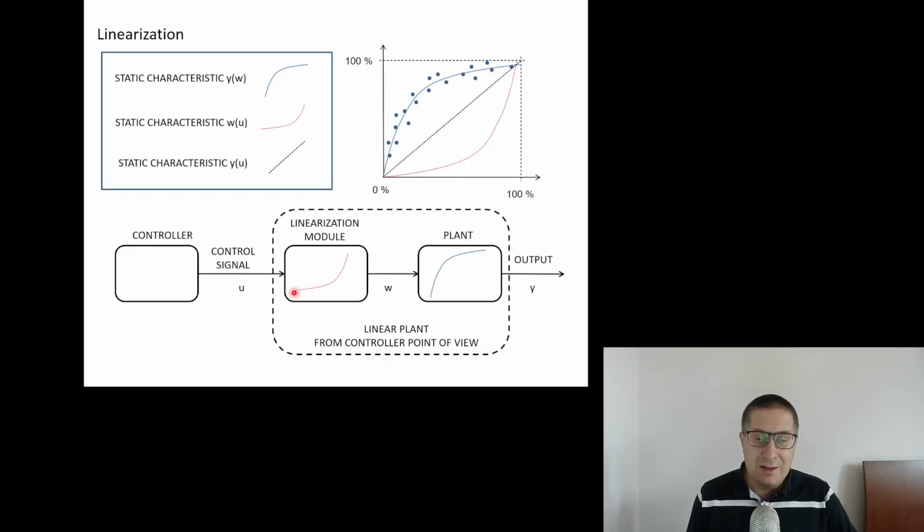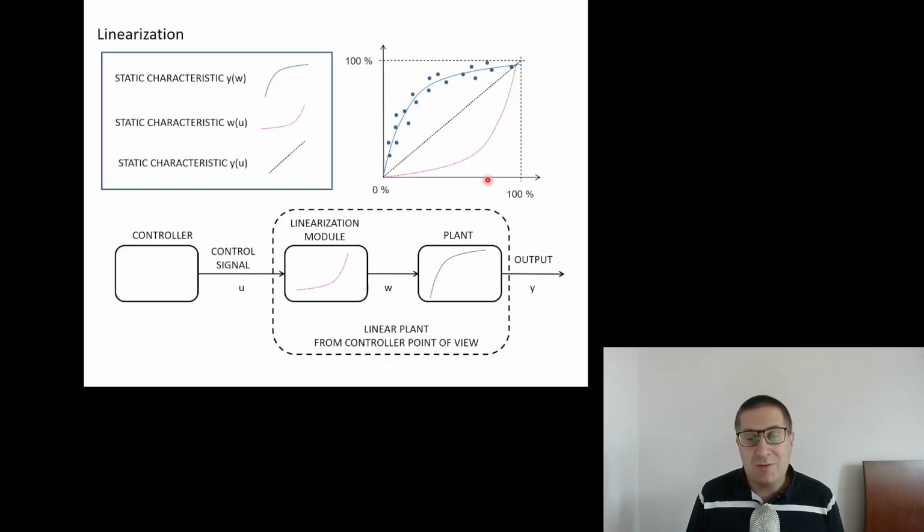And if we know that the plant reaction is very aggressive, if we have low values of damper opening, we need to somehow artificially decrease the control signal in order to have a linear characteristic of the final plant that consists of the real plant and our linearization module.